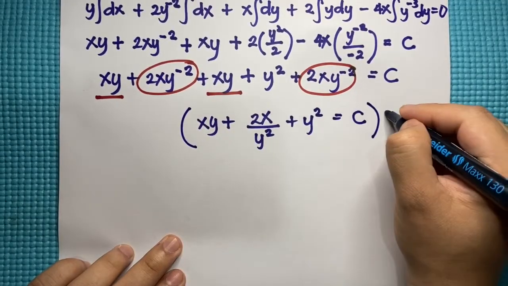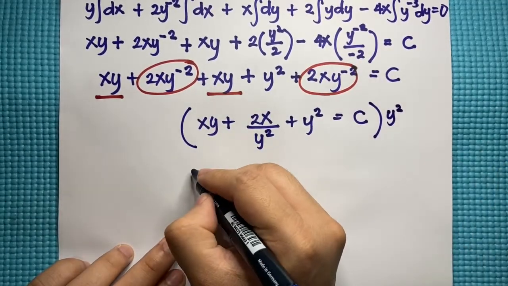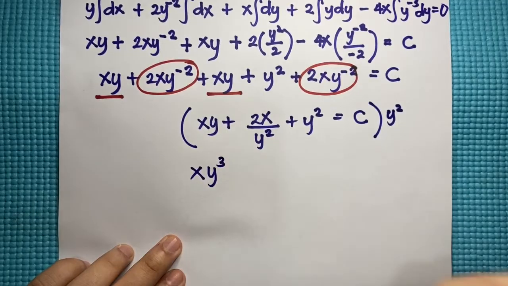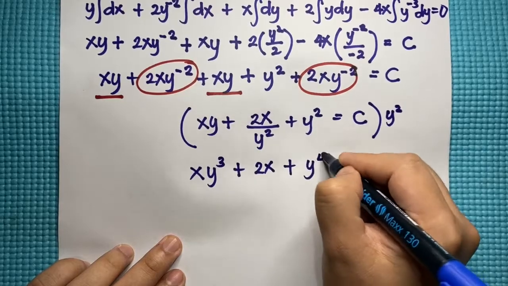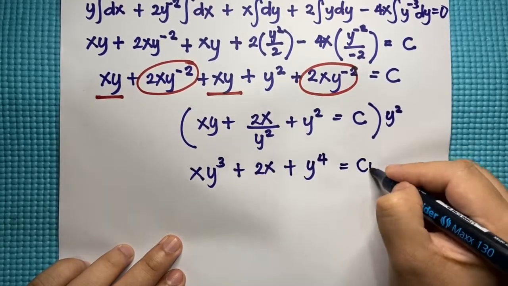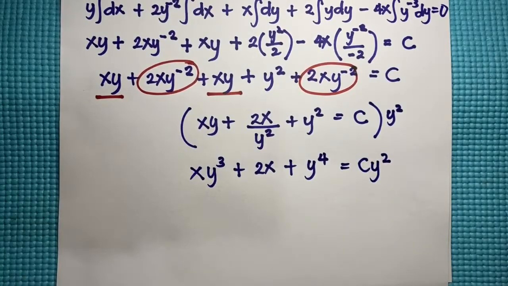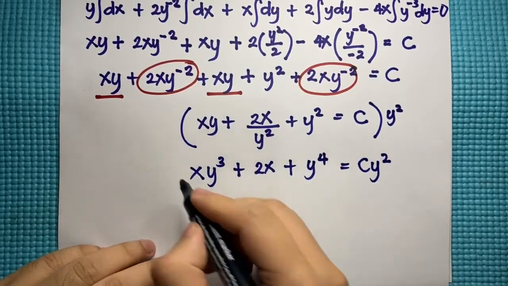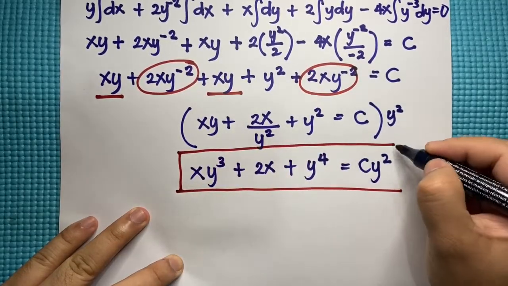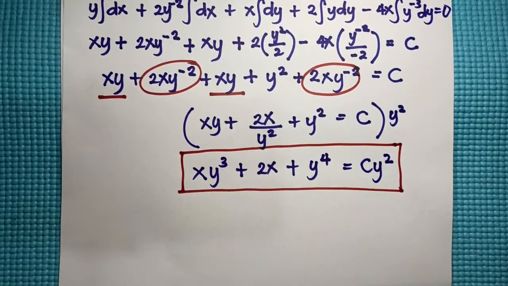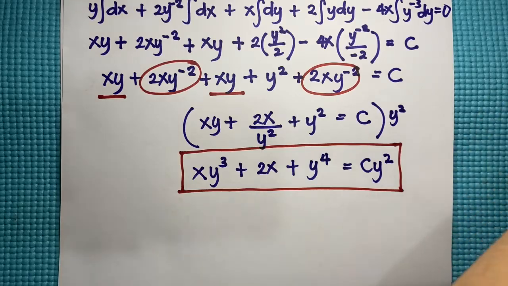Removing y squared from our denominator, we get xy cubed plus 2x plus y to the fourth is equal to cy squared. That would give us our general solution: xy cubed plus 2x plus y to the fourth equals cy squared. So that is for our second example.